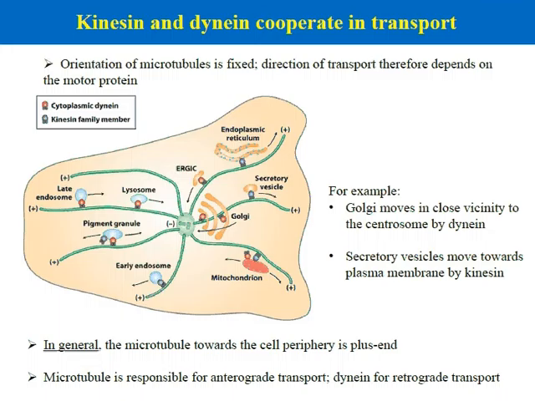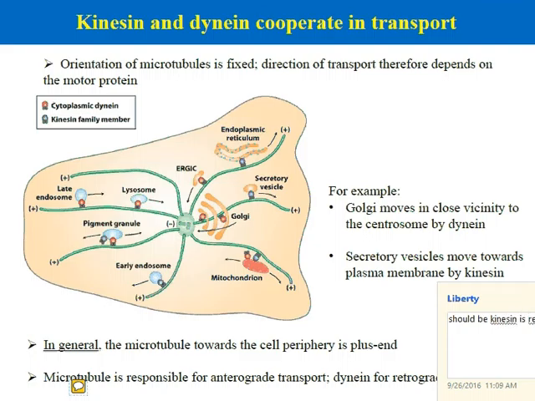Now, there is an exception to it. What is the exception? And that is go back to the neuron again. So in one of the early slides that I showed you yesterday, in the neuron, the dendrite is unique, because in the dendrite, the orientation of the microtubules is mixed.